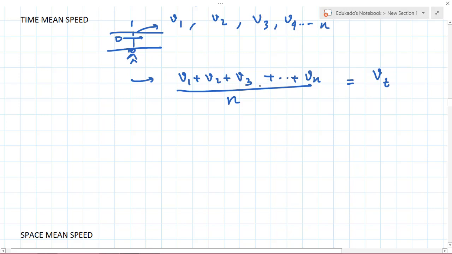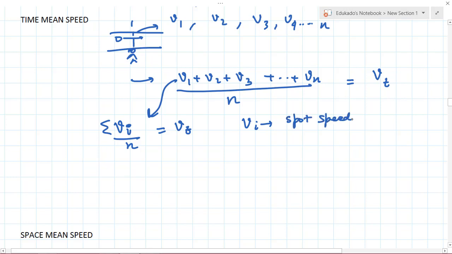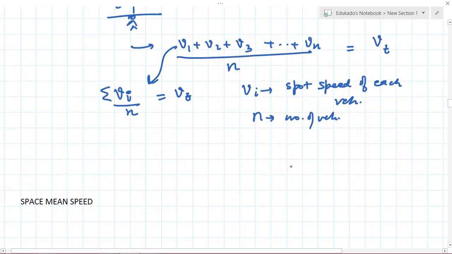Over here, v1, v2, v3 I can represent as Vi, and with the summation sign, sigma Vi divided by n is equal to Vt. Here Vi is the spot speed of each vehicle, and n is the number of vehicles. That's all.